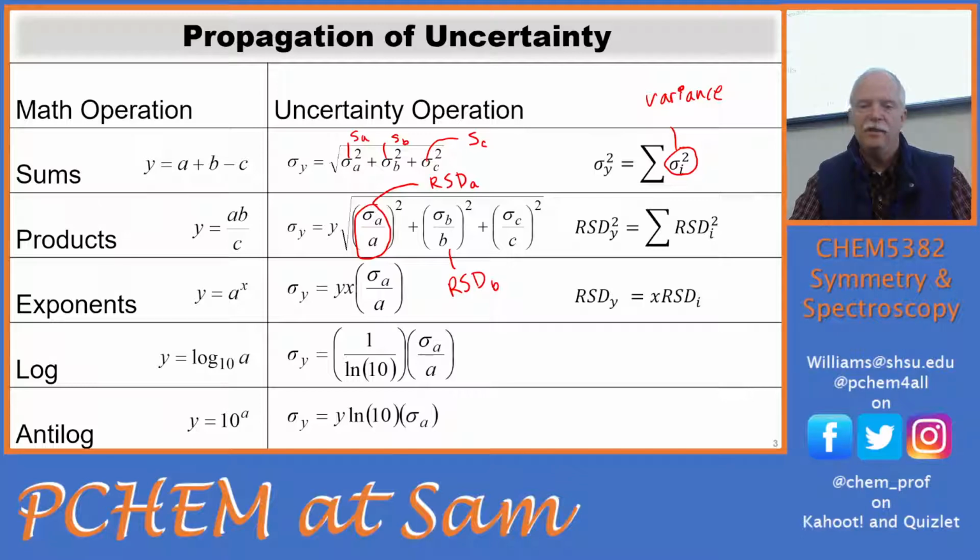And then if you have an exponent, whether it's a square root, x would be 1/2. If it's a square, x would be 2, and so on. It's just multiply that RSD times whatever power you have.